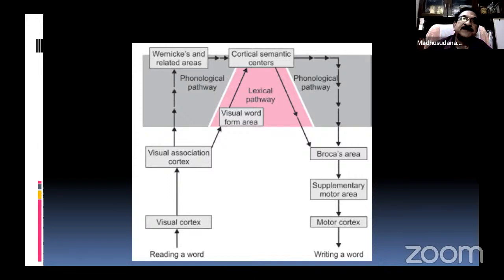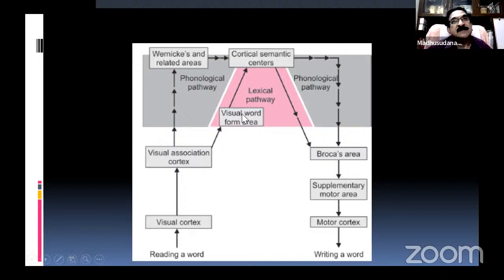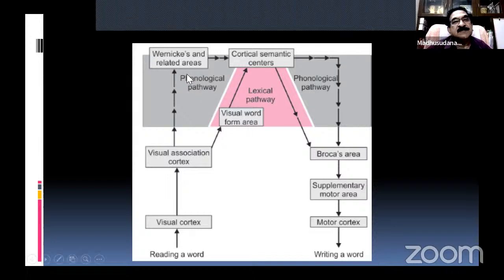So through the phonological pathway, I can only read letter by letter. So what will happen if the visual word form area is affected? With no dictionary, you can only resort to phonological reading, letter by letter. That is what is called surface alexia. The patient resorts to the phonological pathway.